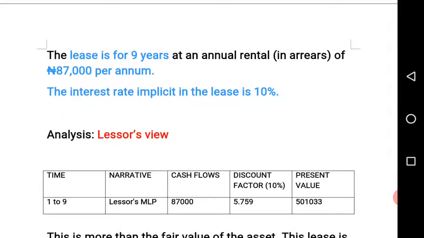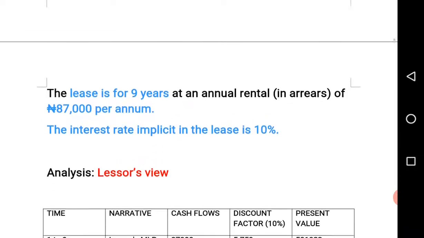Then the cumulative discount factor at 10% for 9 years, year 1 to year 9, is 5.759. So if we use 5.759 to multiply 87,000, we get 501,033 as the present value of the minimum lease payments today.